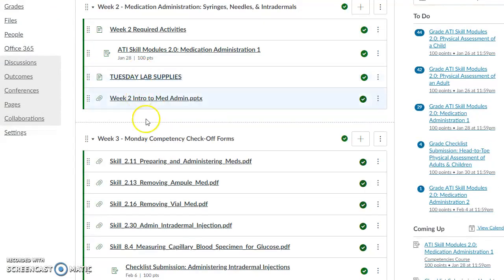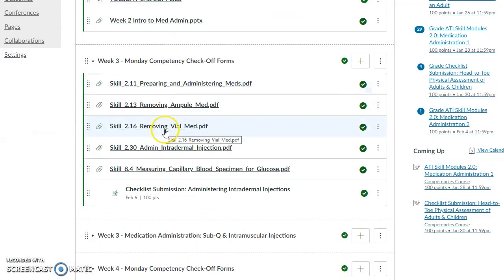And then for checklists, what you're going to do next week is you're going to need your 2.16, your 2.11, and your 2.30 checklists, okay, for checkoffs on Monday. Again, you need your removing vial med, preparing and administering meds, and you're administering intradermal injection, okay? The rest of them are just there for you to look at and to do for your peer checkoffs, okay?